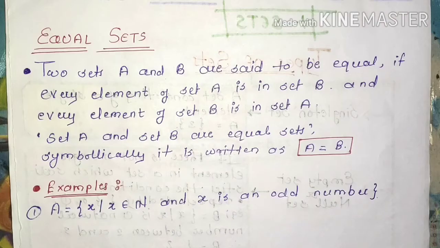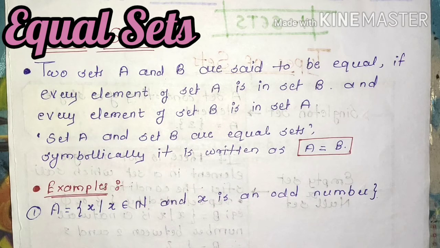Next we have another concept, that is equal sets. The word itself indicates equal sets, the sets which are equal.